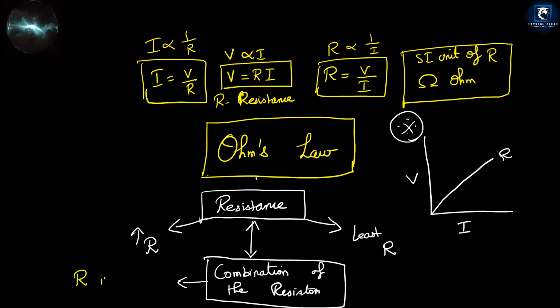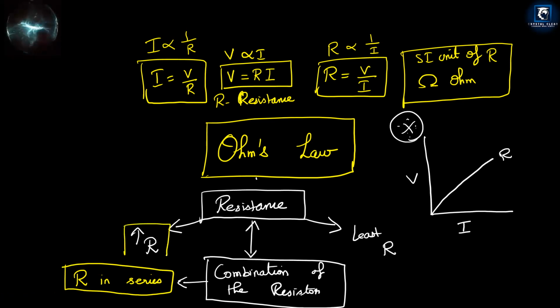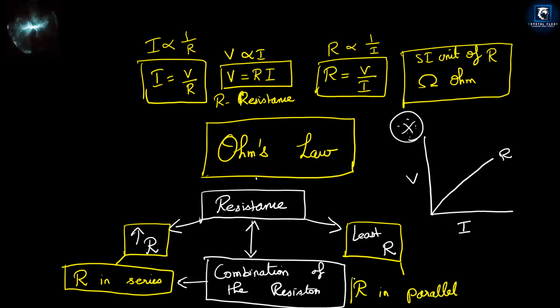I'll write R in series. The least resistance is where you will get resistance in parallel. Right? So this is a very, very important concept.